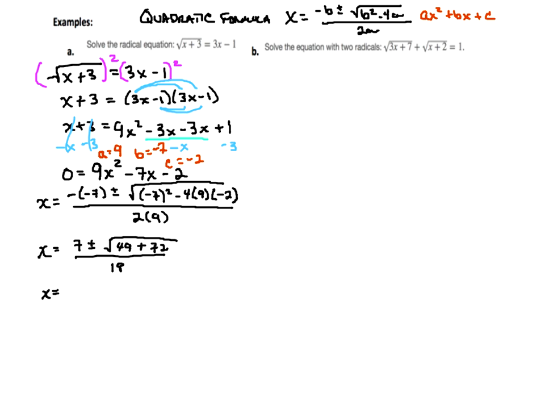X equals, okay, so let's see, 49, oh no, my calculator just said low battery, it's going to die. 7 plus or minus the square root of 121 over 18. X equals 7 plus or minus 11 over 18.